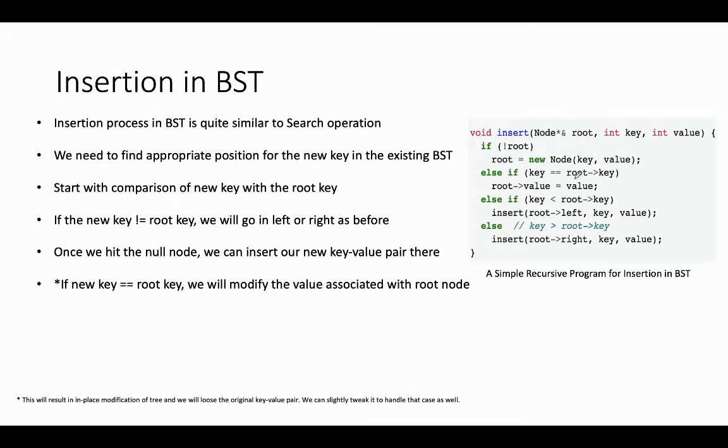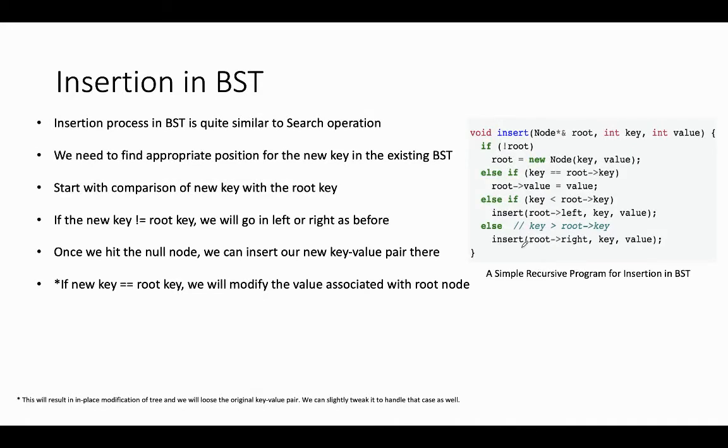If key is equal to the root key, then we update the root value to the new value. If key is less than the root key, then we know one thing for sure, that the new key needs to be inserted in the left subtree. So we do insertion in the left subtree. Similarly, if key is greater than the root key, then we insert the key in the right subtree.